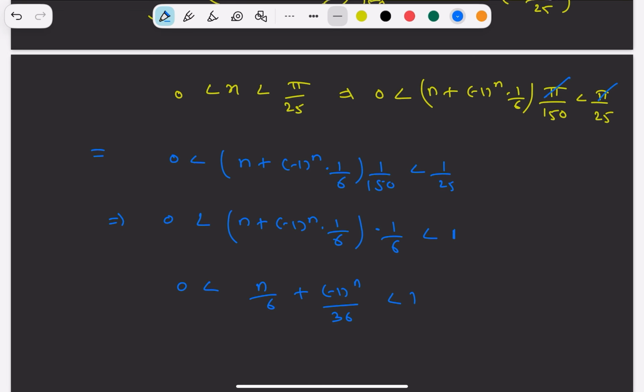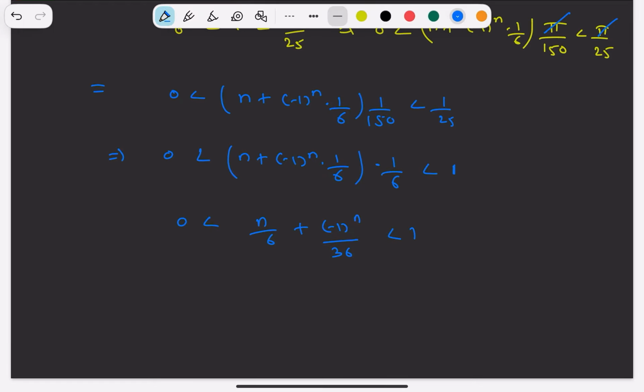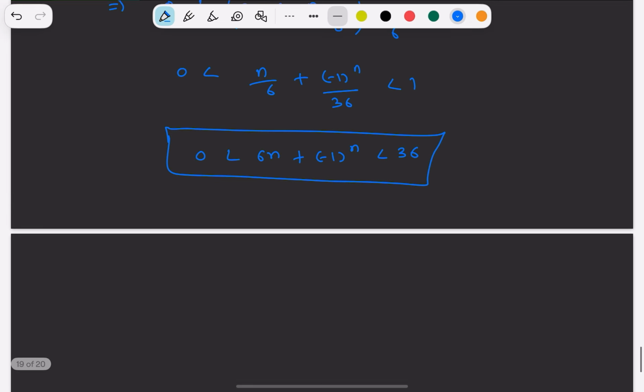So pi will be cancelled out, and if you multiply by 25, 25 by 150 is 1 by 6. So this is also going to be cancelled out itself. So we got these values. If you take the LCM 36, this will become 0 less than 6n plus minus 1 raised to power n, and less than 36, right or not?